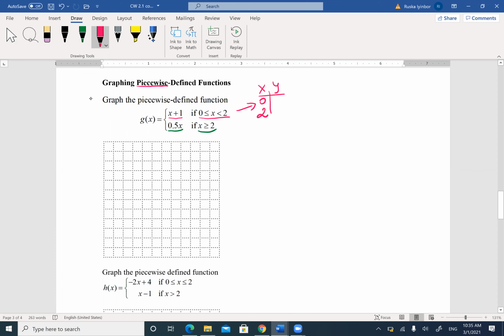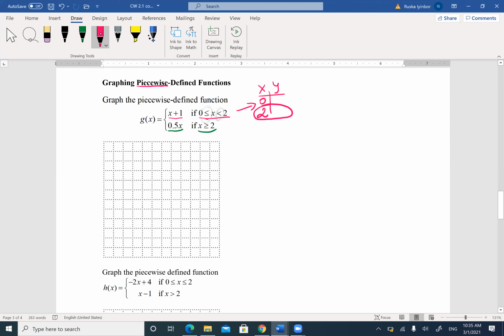This sign here tells me I'm including the 0, so that point is going to be a solid point, and 2 is not included. So that point is going to be an open point, which means it's not going to be included in the graph. We're going to graph an open circle, because the graph is going to go close to that point, but it's not going to be included.